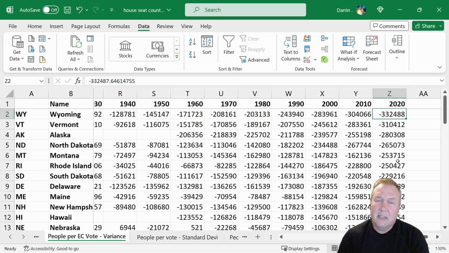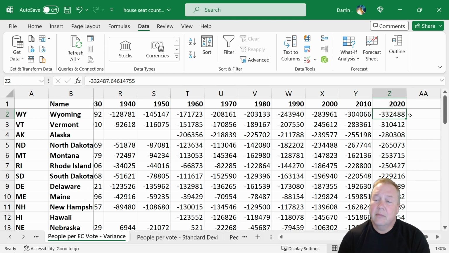Well, part of the reason is that some states don't want it fixed. Small states, which tend to be rural states as well, benefit greatly from this. They have a lot more political influence than the big states do, or that would be allowed to them based purely on their population. If we look at the variance of number of people per electoral college vote compared to average, you get places like Wyoming.